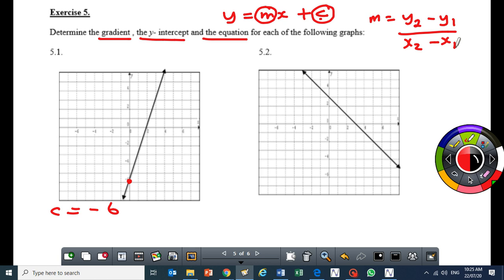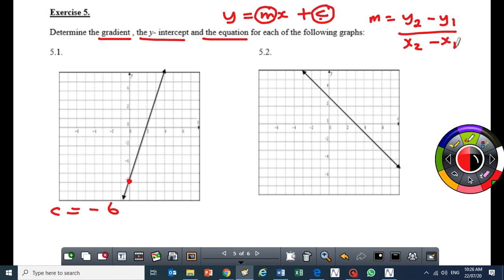Which means I need to identify 2 points on the graph so that I can identify my y1, x1, y2, x2. It's your choice which points, but I would suggest that you choose points that are a little bit far apart and that you can easily read their coordinates.